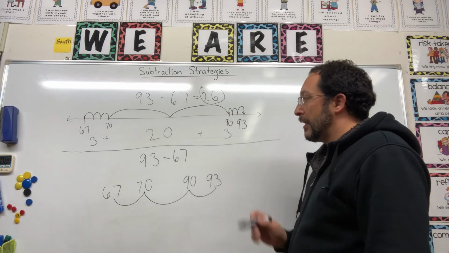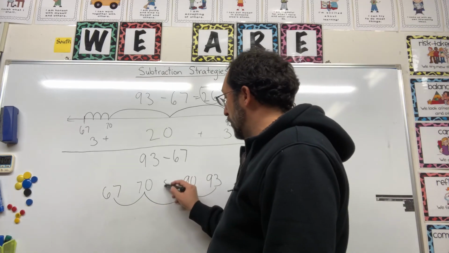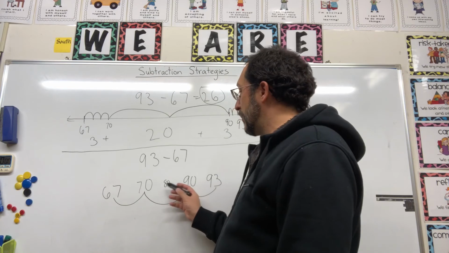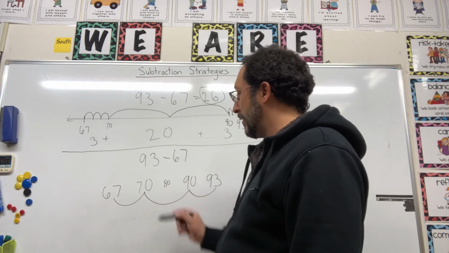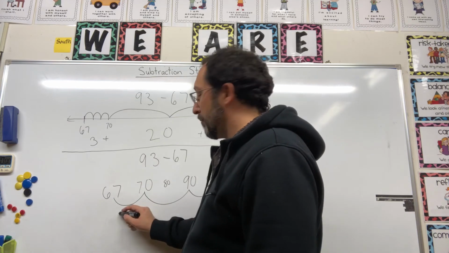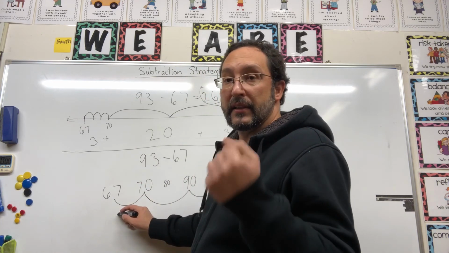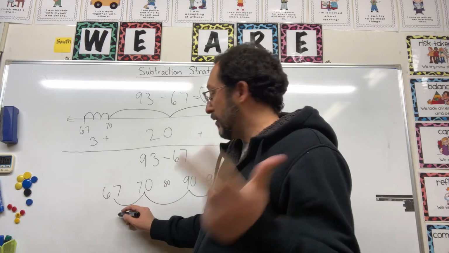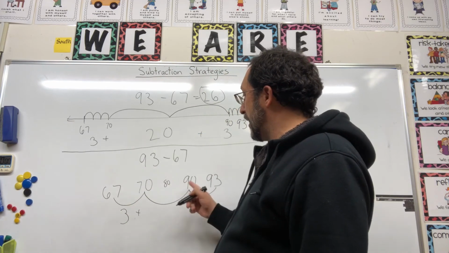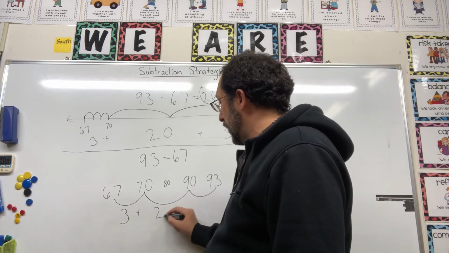Now I could have put one more hop in here. I could put my 80 in here, but I think this is easy enough that we can just skip the 10 here. We go, okay, 67 to 70, that is, if we need to count on our fingers, 67, 68, 69, 70, that's 3. And we're adding, and then we go, okay, 70 to 90, I know that's 2 10s, so that is 20.